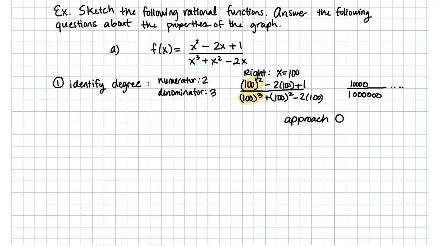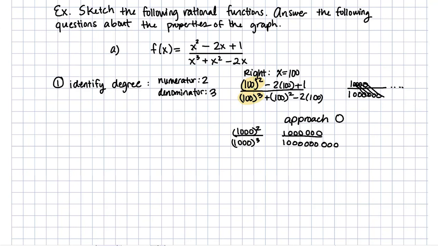Okay, don't believe me? You can compare that to 1,000 squared over 1,000 cubed, and you're going to see an even smaller fraction than last time. So you'd have 1, 2, 3, 4, 5, 6 over 1, 2, 3, 1, 2, 3, 1, 2, 3. Okay, and the zeros would cancel again.